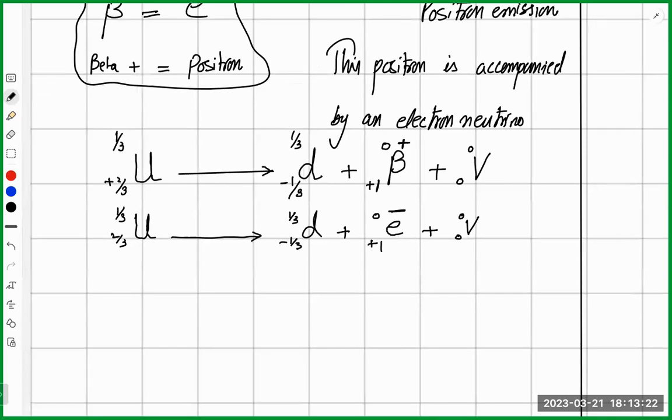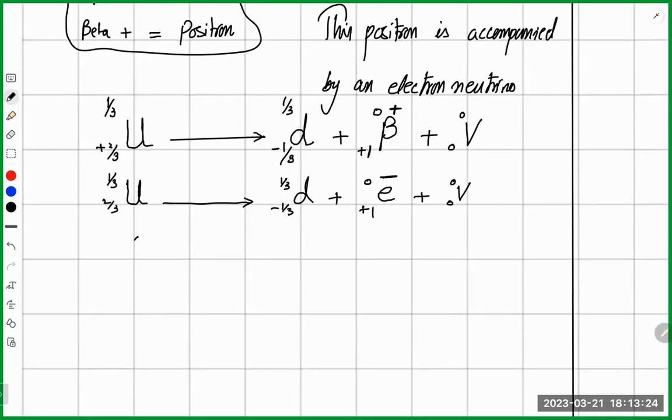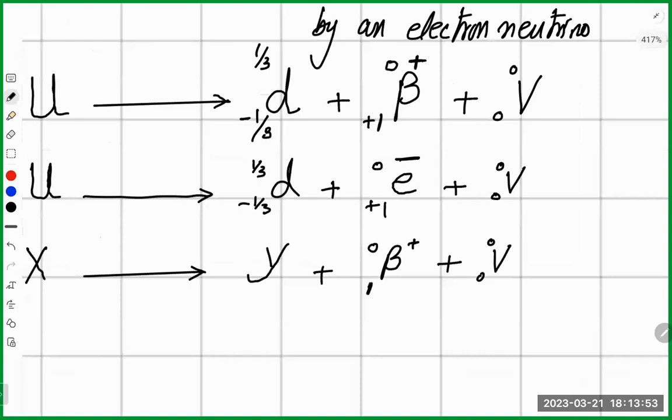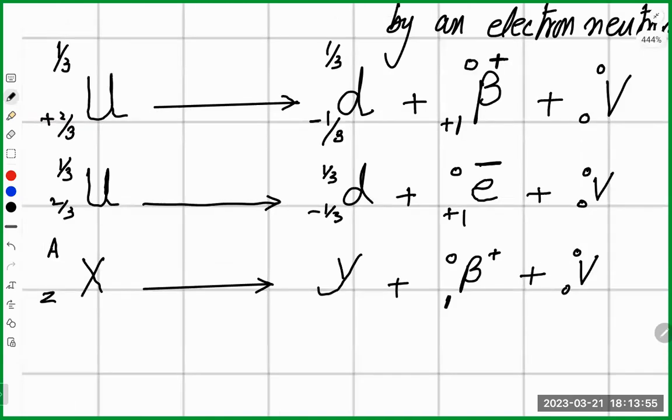Same thing can also be written in element form. For example, there is an X element which has mass A, atomic number Z. It will convert into something else when it will emit a beta plus particle, which is 0 and 1. This is beta plus particle plus neutrino. The Y will have a new mass number, which will be A, and new charge number will be Z minus 1.